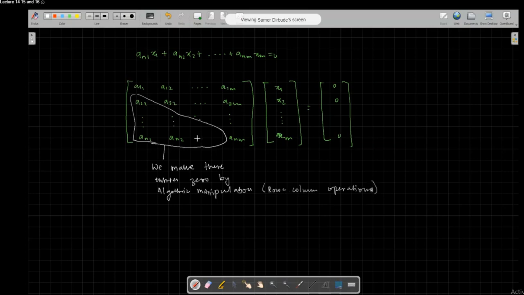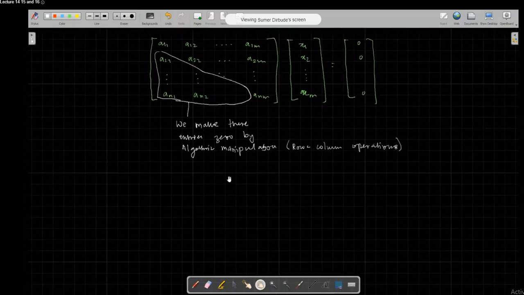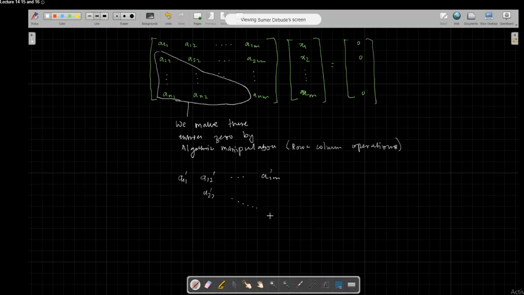Finally we convert this into a matrix of this nature: a11 prime, a12 prime, a1m prime, a22 prime, anm prime, times x1, x2 up to xm, is equal to b1, b2, bn.